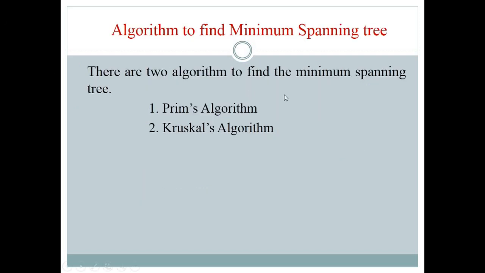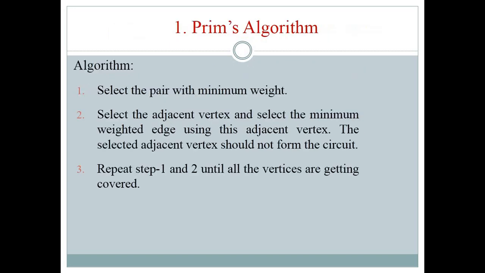Okay, so now there are two algorithms to find a minimum spanning tree. The first algorithm is Prim's algorithm and the second one is Kruskal's algorithm. We will understand Prim's algorithm first. Prim's algorithm has mainly three steps. The first step says we have to select the pair with minimum weight.